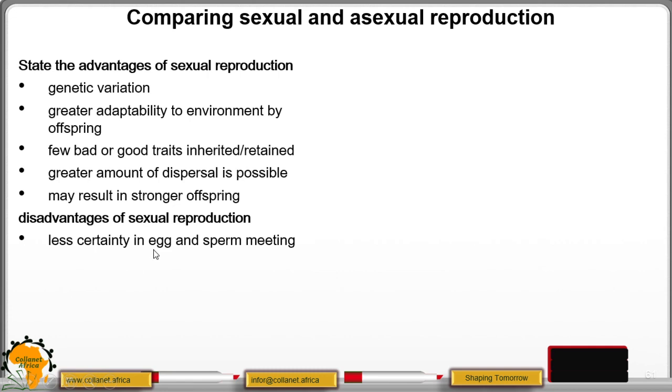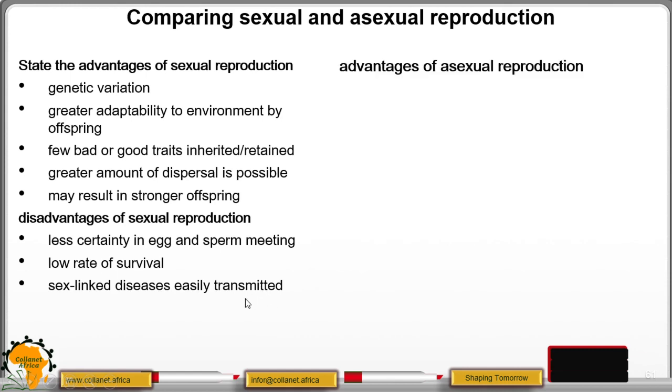There are also few chances that fertilization is likely to occur even after copulation. There is also a low rate of survival, and sex-linked diseases are easily transmitted in the case of human beings. We shall discuss this in Form 4, the first chapter.